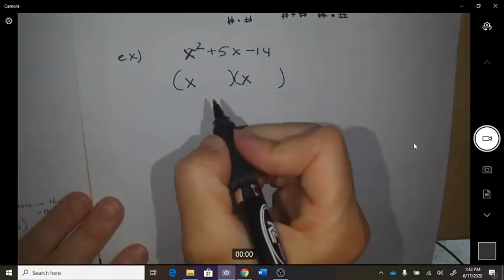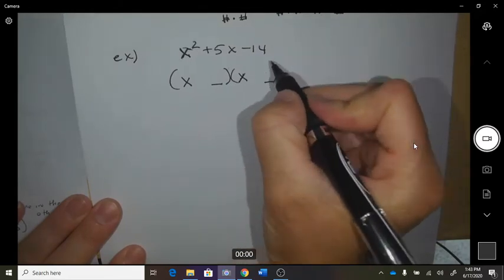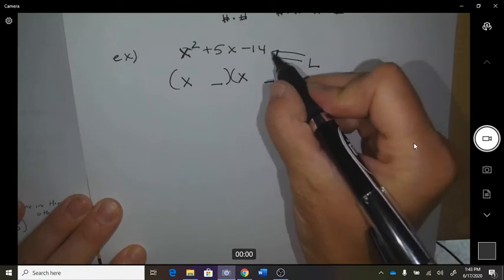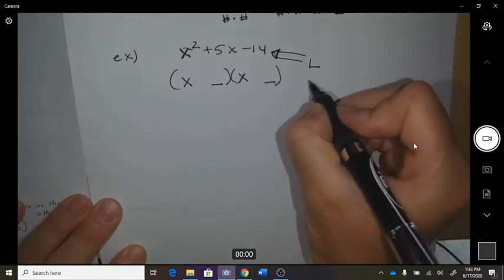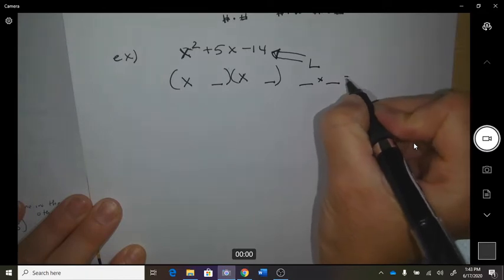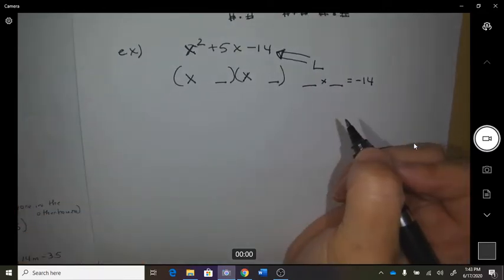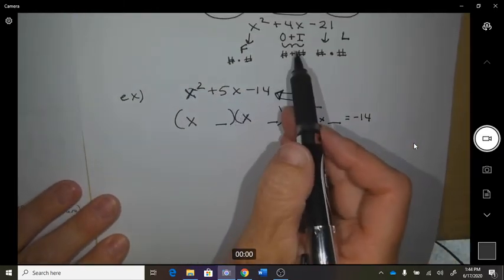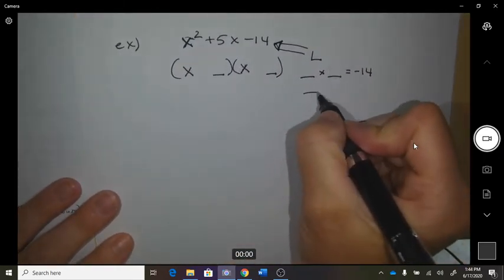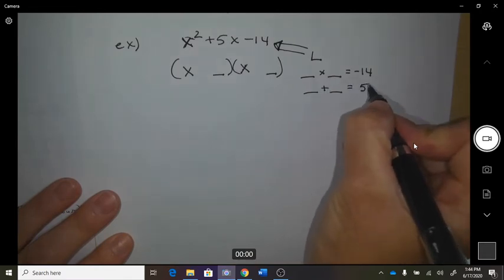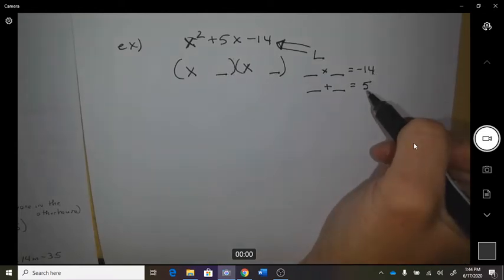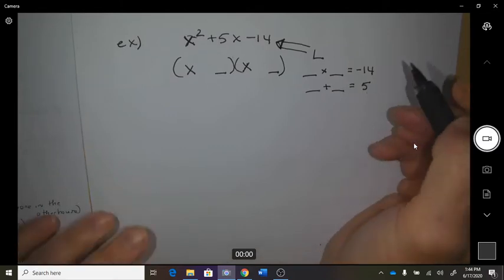Now I know these last numbers need to multiply to get me negative 14. And I also know that I get this from doing my O and my I adding together, so the number plus the number has to make 5. So can you think of what times is to negative 14 that would add to positive 5?